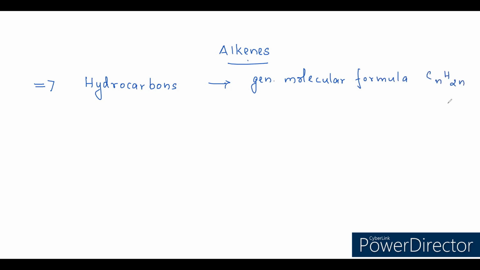CnH2n. Now, in the previous video on alkanes, I told you the general molecular formula for alkane is CnH2n+2. For alkene, it is CnH2n. So if you compare, you can understand that there are two hydrogen atoms fewer in the case of alkenes.